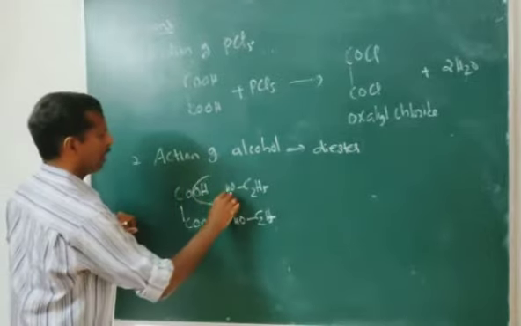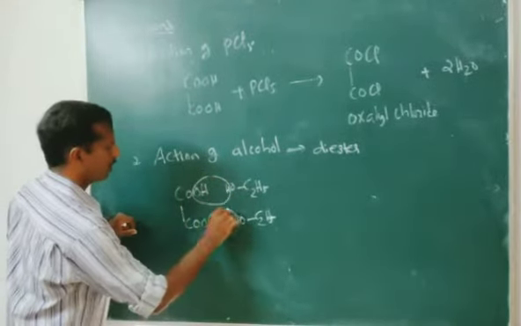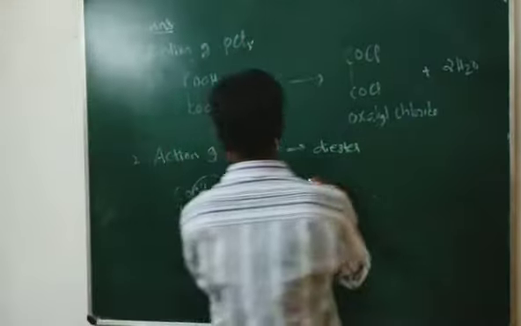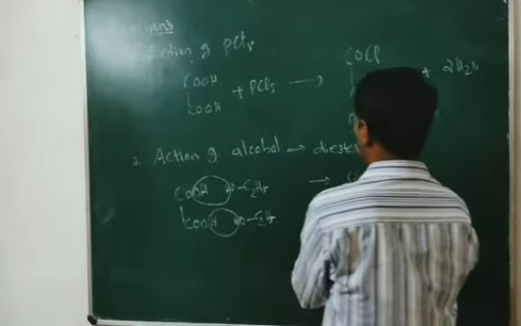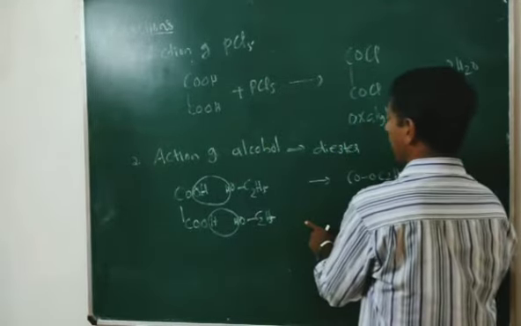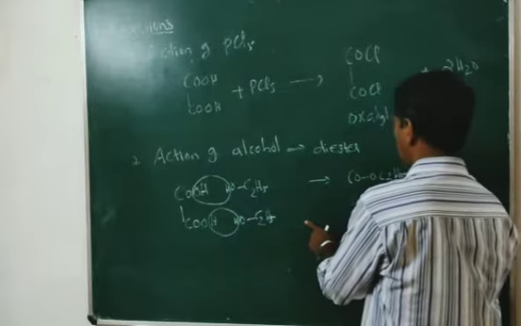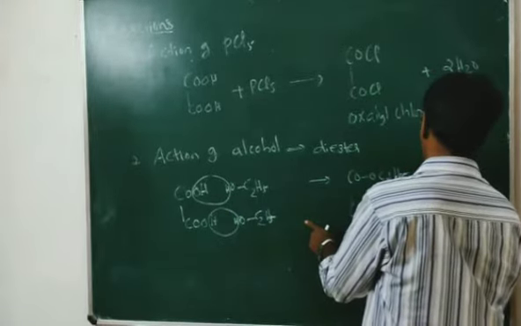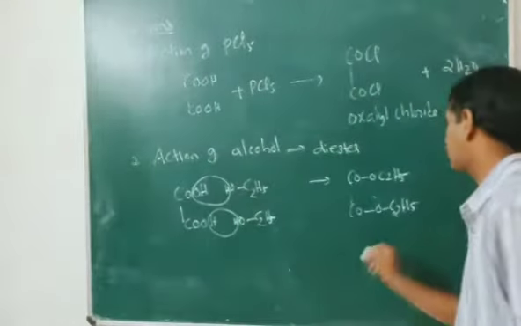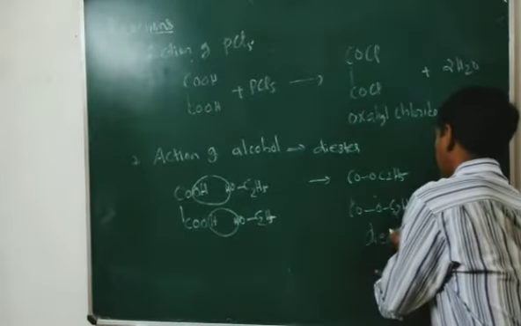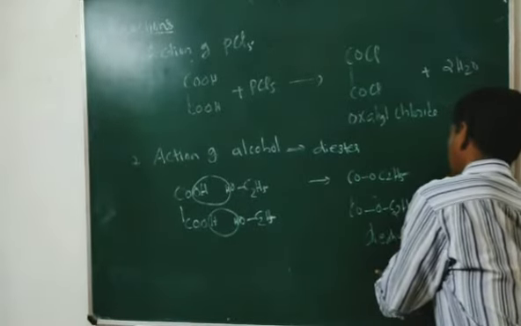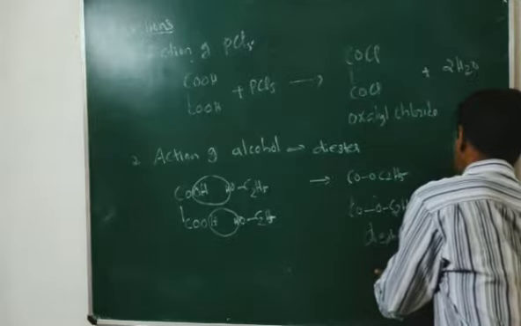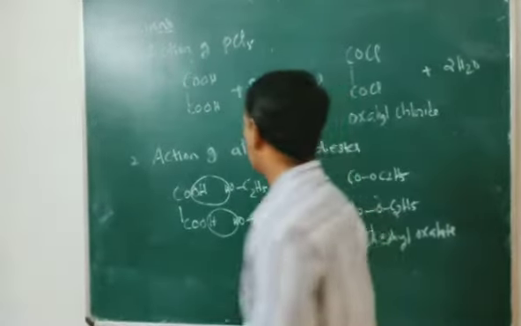Two molecules of H2O are eliminated, and we get COOC2H5 and here also COOC2H5, diethyl oxalate. We get a diester, diethyl oxalate.